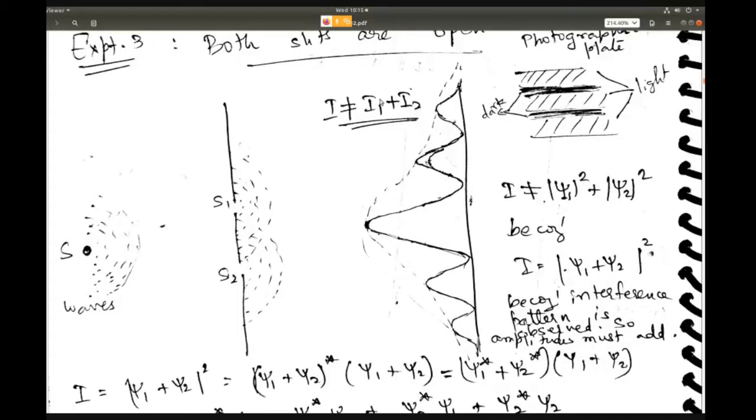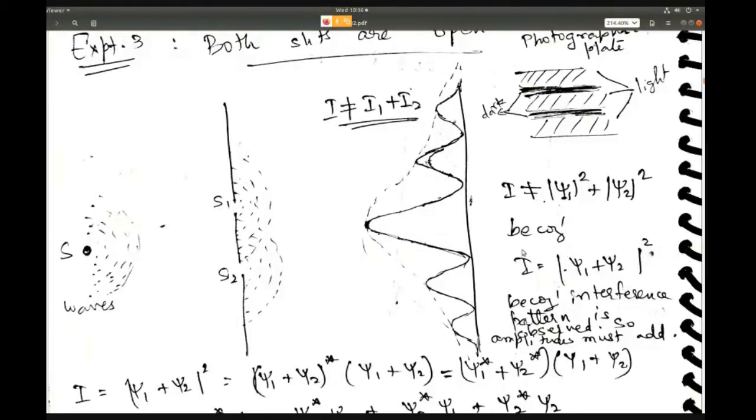If in terms of waves, what is I1 and I2? I1 is psi1 square and I2 is psi2 square, right? Now, in the case of waves, you cannot just add intensities, but what you are actually adding is the wave functions. So actually, I is nothing but psi1 plus psi2 whole square.